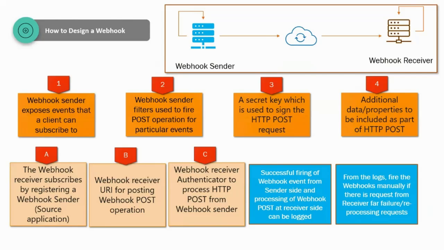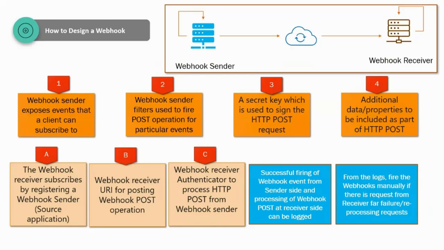You need to consider three important things with respect to the webhook sender. First, among the number of application events, the webhook sender has to identify or filter the basic events required for processing. Number two, the webhook sender requires a secret key for the post operation in order to pass information to the webhook receiver in a secured way along with other payload information.